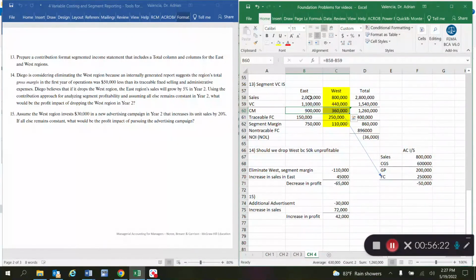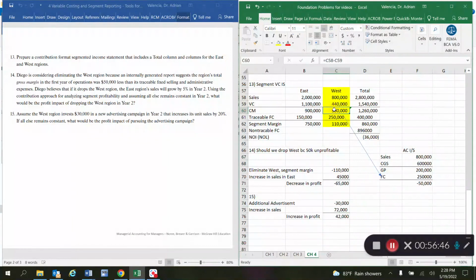So if this went up 5%, go ahead and change it, and then this goes up 5%. And what you'll notice is that we could just use the contribution margin at 5%, and in this case at 20%. But technically, you could go in there and add 20% to this, figure out what that is, add 20% to this, figure out what that is, and then get your difference, and that difference is 72,000.